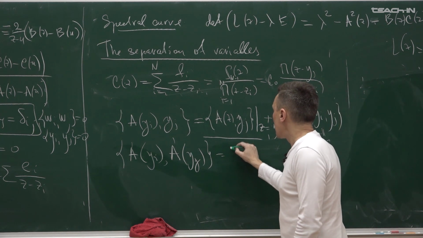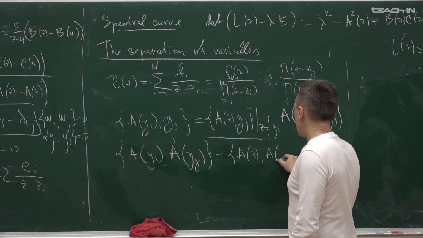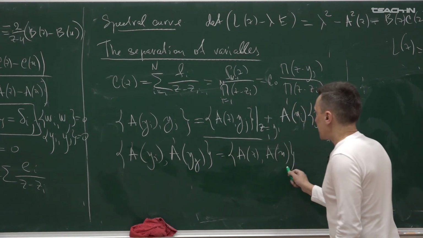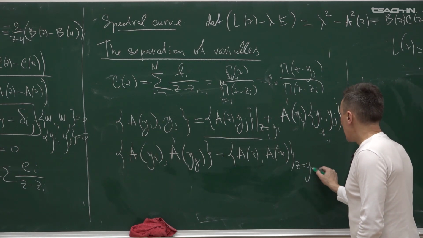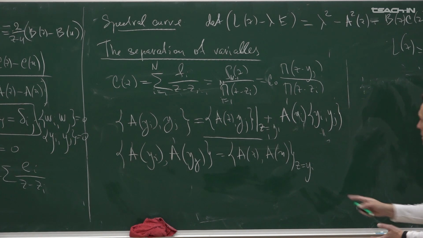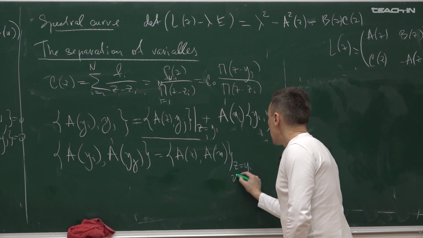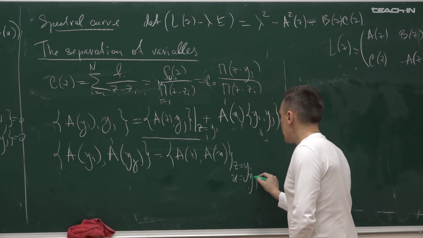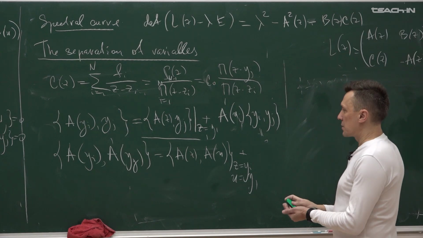So it should be the bracket of a of z with a of u, if we then substitute y_i in the place of z and y_j in the place of u, plus different terms.